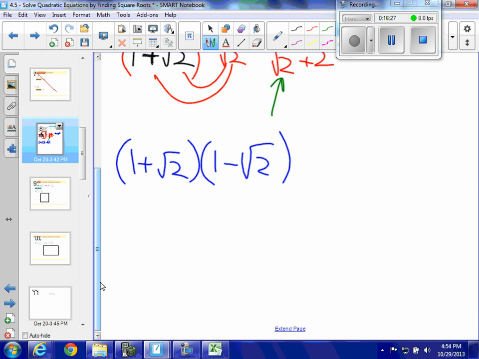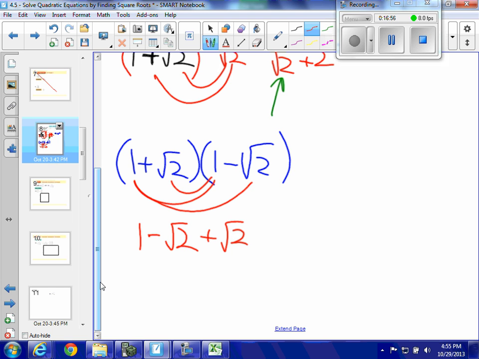And let's see what happens when we FOIL this out. Well, my first term is 1 times 1. I get 1. My outer term is 1 times minus radical 2. That's negative radical 2. My inner term is radical 2 times 1. That's plus radical 2.